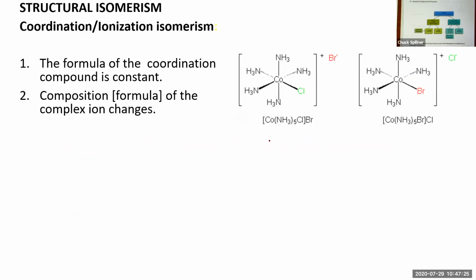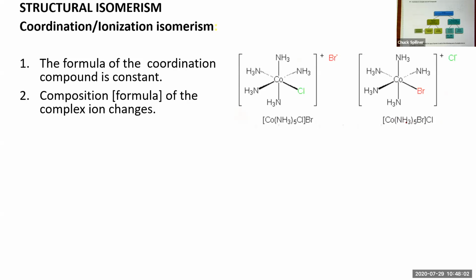So here is an example, another example of coordination isomerization. In this case, we have a pentaamine cobalt chloride complex ion with the bromide as a counter ion, and then the bromide and the chloride switch places, and you have a cobalt pentaamine bromide complex ion with the chloride as a counter ion.